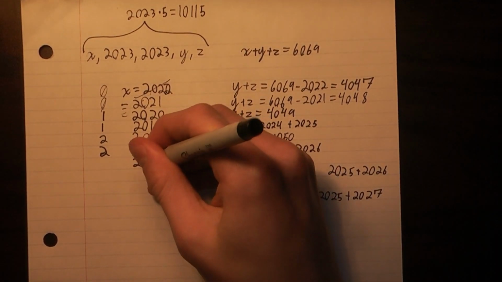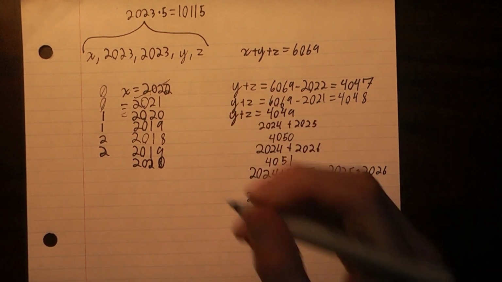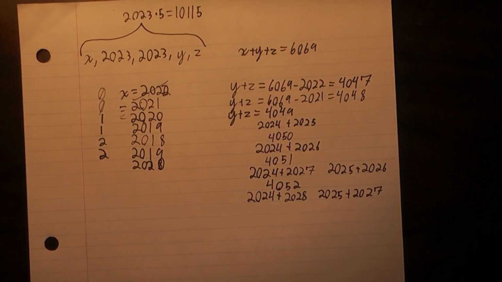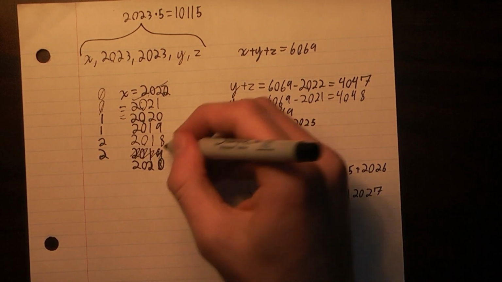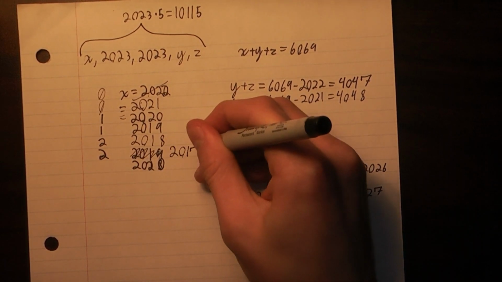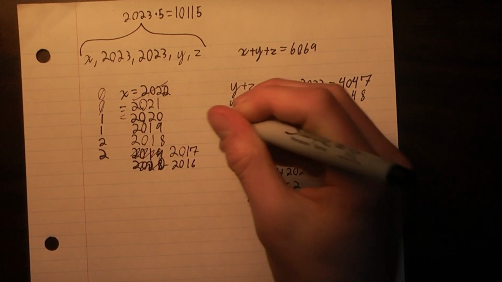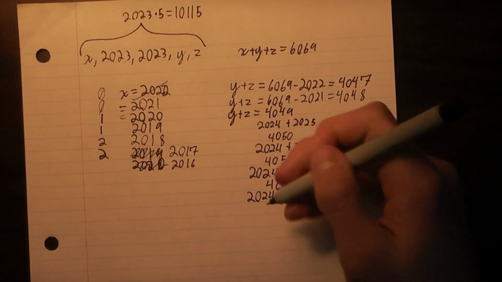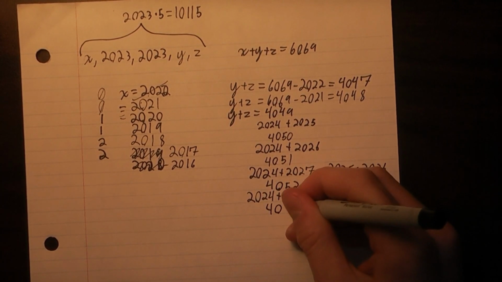And then, oh, sorry. I'm realizing I wrote the wrong numbers. This should be 2017, and this should be 2016. So when you have 2016, y plus z equals 4053.